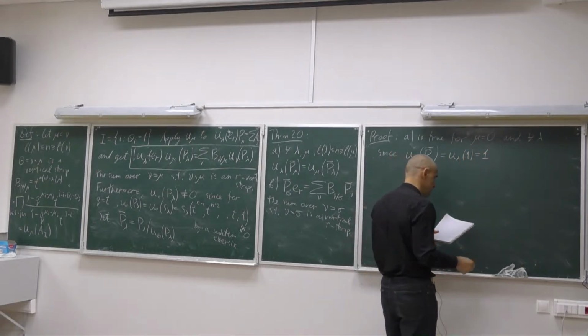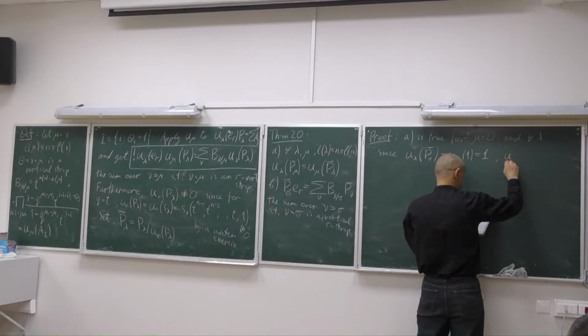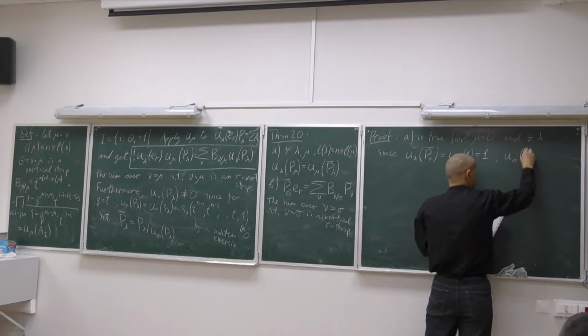The polynomial itself is 1, and the zero evaluation of P lambda is also 1.